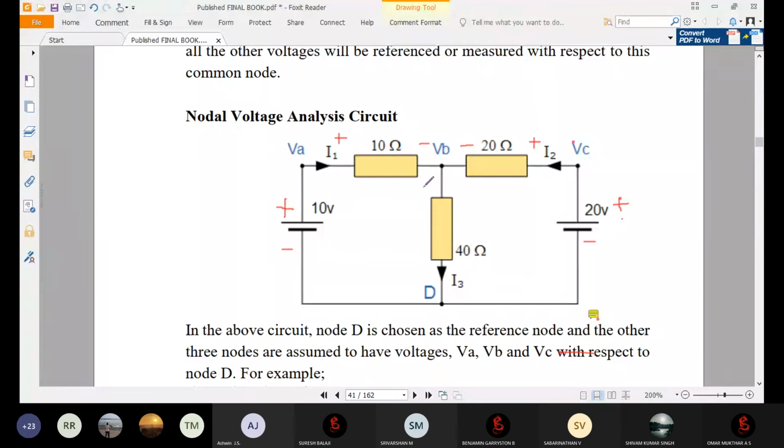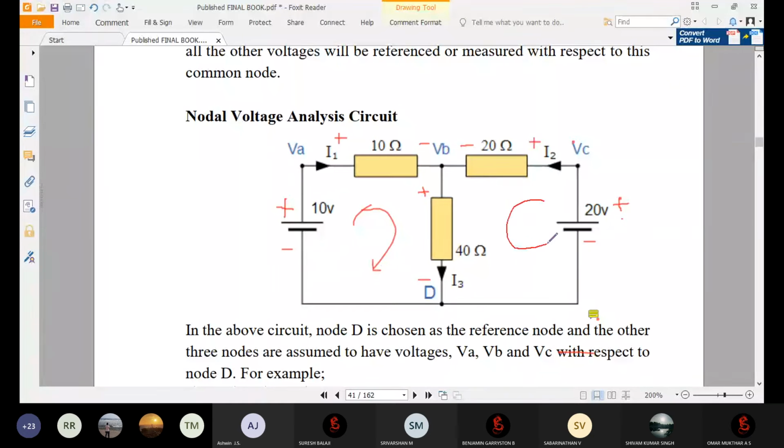This resistor has current flowing in the same direction, so I write plus minus, the same as here, because this terminal minus is connected to the negative of your voltage source. The next step is a current assumption. They have already given the current flow, so I use the same flow in this direction.